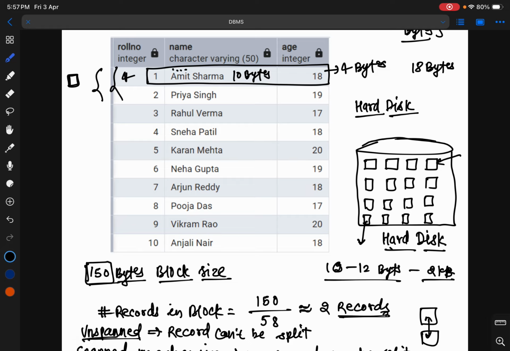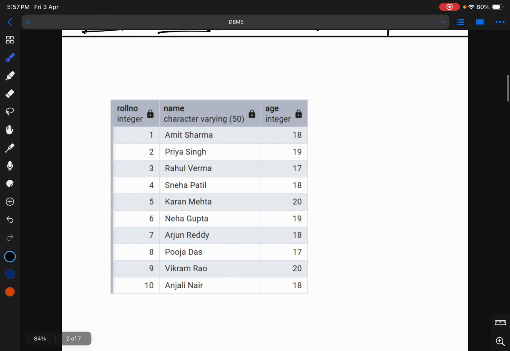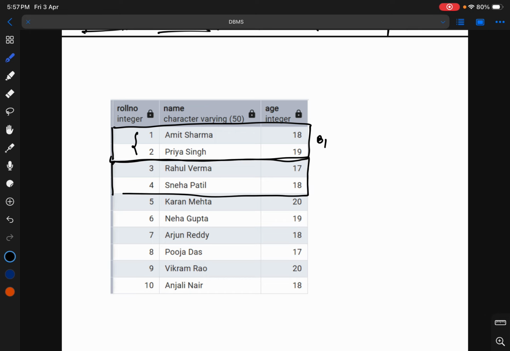Okay, so how many blocks will be needed for this entire file? The first two records will be stored in one block, so let's call that block B1. Then the next two records will be stored in block 2, and then the next two records in block 3.